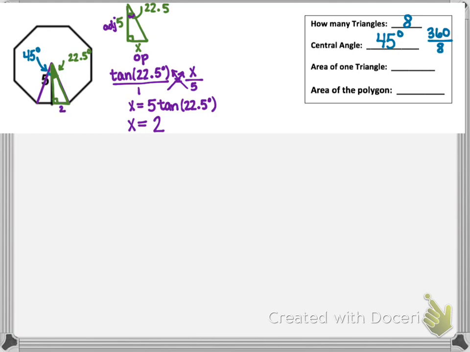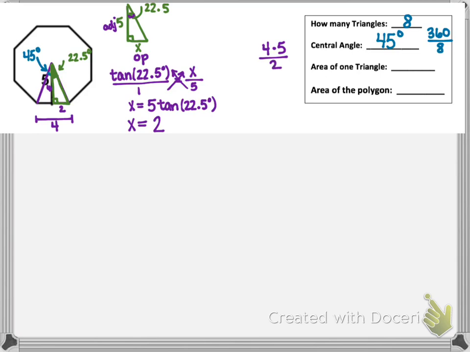But if I want that entire side length down here, remember, it is going to have to be multiplied by 2 to get that entire base. So 2 times 2 gives me 4. And remember that 5 is still labeling my height right here. So to get the area of that triangle, the base of my triangle is 4. The height of it is 5.